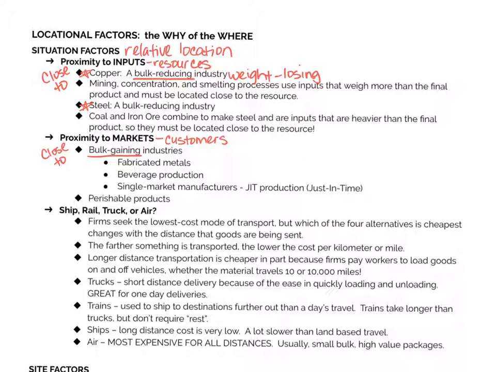Since it's bulk gaining, they're going to have to be closer to the customer. Otherwise, it's going to cost too much to get the final product to the customer. And if it costs too much, what happens to the price you pay? It goes up. And do you want that? No. Businesses know that.